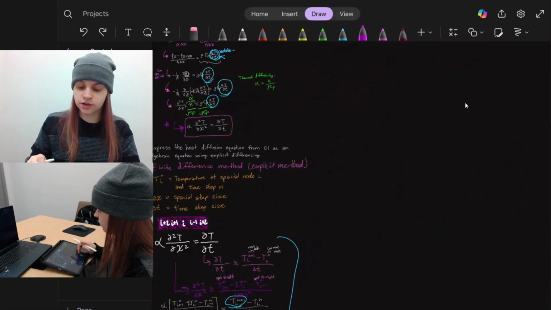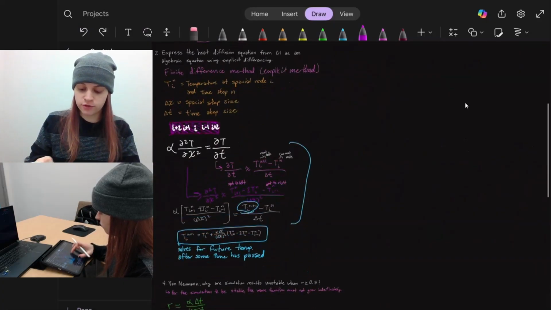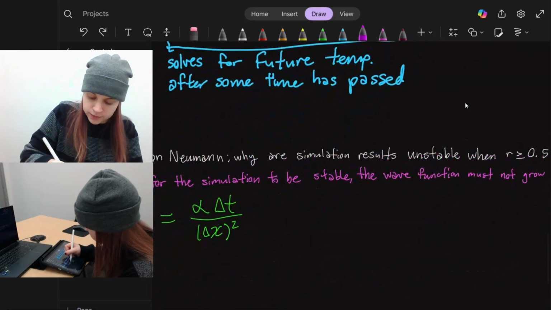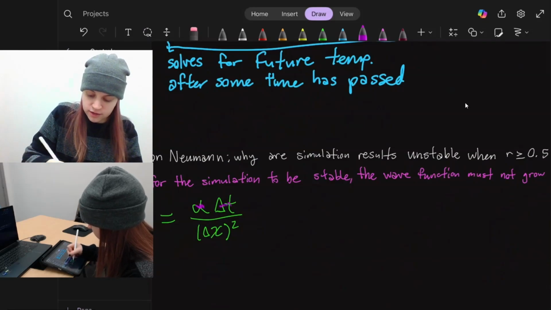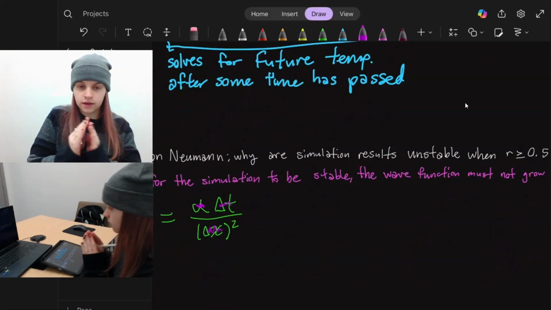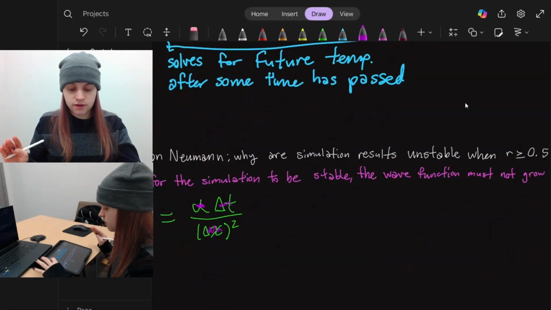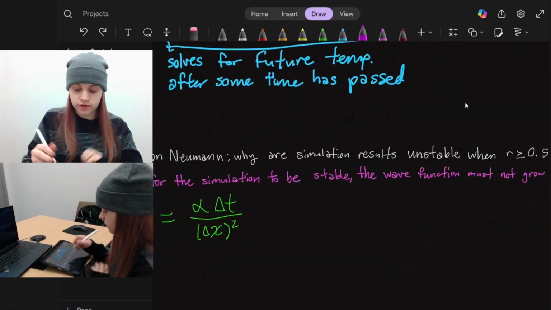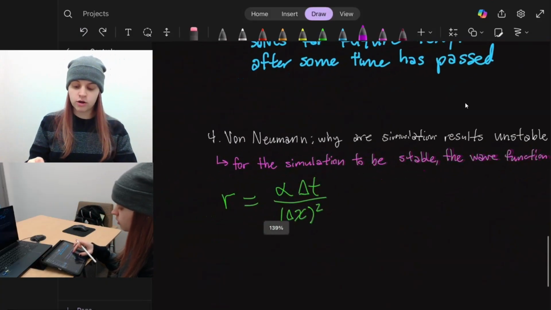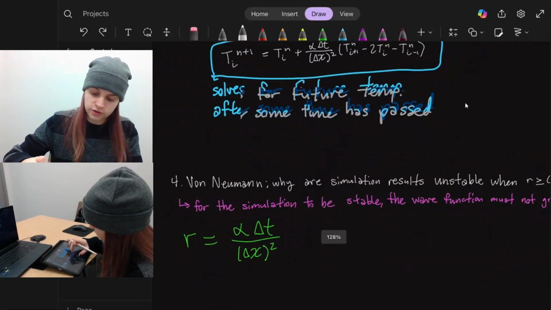You would have some material with a constant thermal diffusivity, so you would have a number here. This would be some time step, a number that you would define, and you would also define the delta x. So this would be some number, and we are calling that R, just for some simplification.